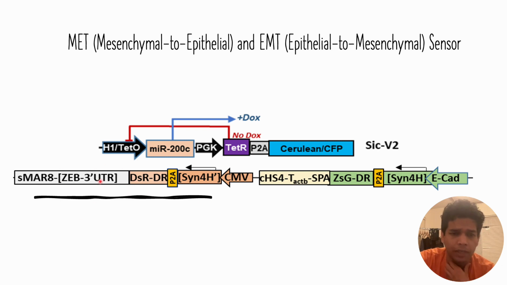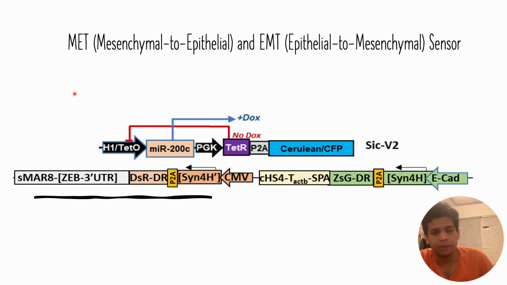So the ZEB 3' untranslated region-dependent translation will get disrupted, and thereby it will not lead to the translation of the destabilized DsRed, and the Syn4H translation will also not occur, because of the destabilization of the ZEB 3' untranslated region by microRNA 200c. So it will work at two sites, for a general understanding.